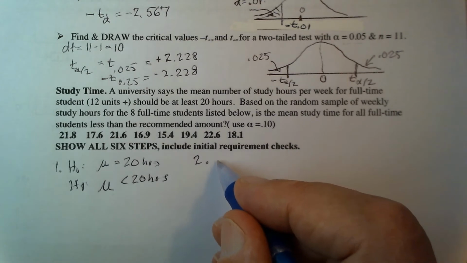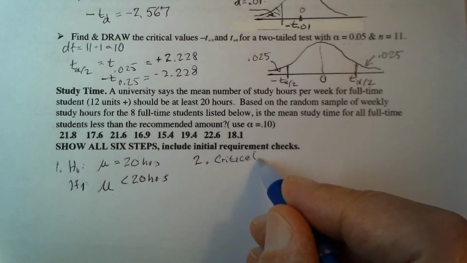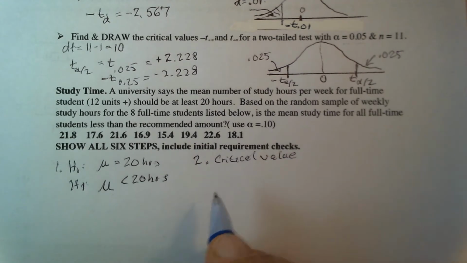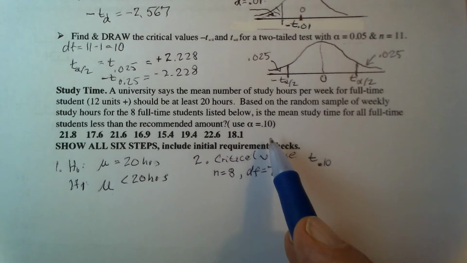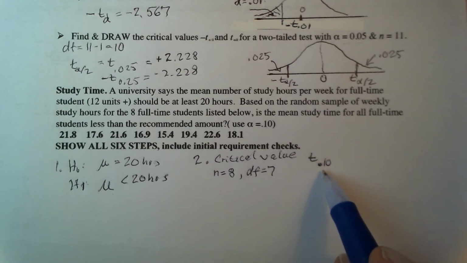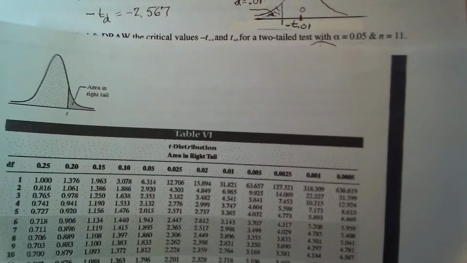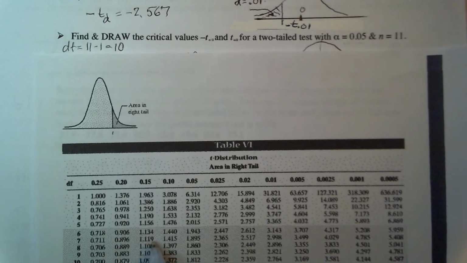So critical value. So the critical value for alpha being 0.10, if you look for t sub 0.10 for degrees of freedom 7. So here's our degrees of freedom 7, and here's 0.1.